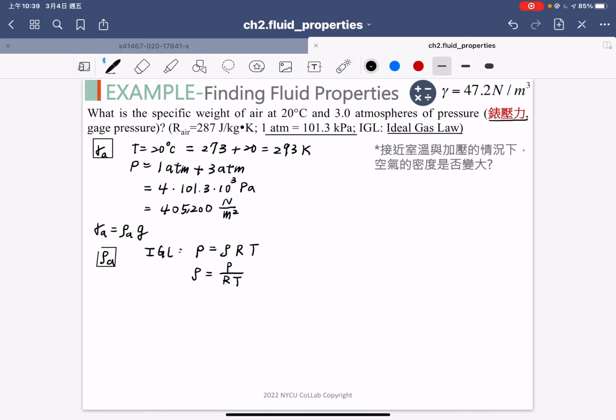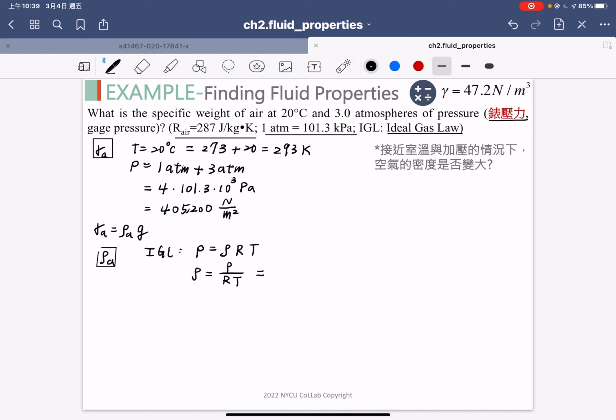Okay, and one hint I highlight for air is the specific gas constant for air here. So we have 287 as our gas constant.